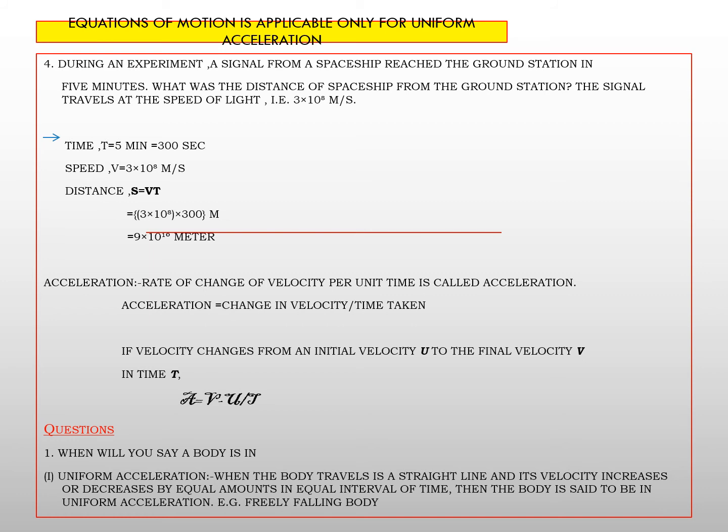Now listen again. When the body travels in a straight line and its velocity increases or decreases by equal amounts in equal intervals of time, then the body is said to be in uniform acceleration. Example, freely falling body.